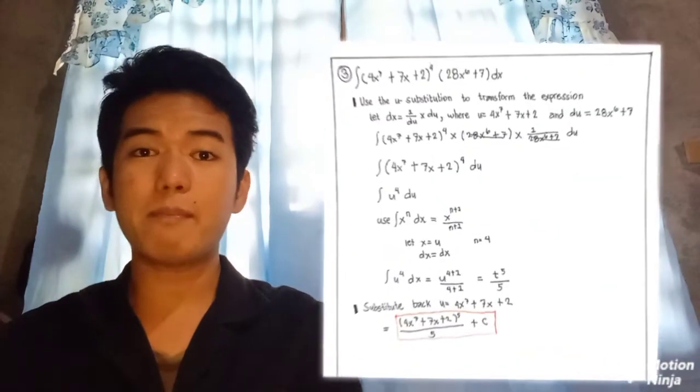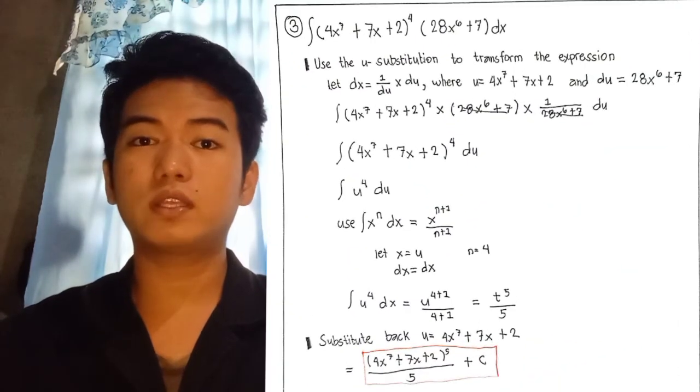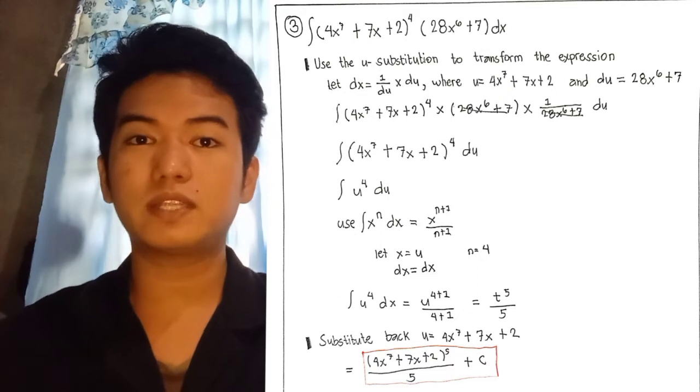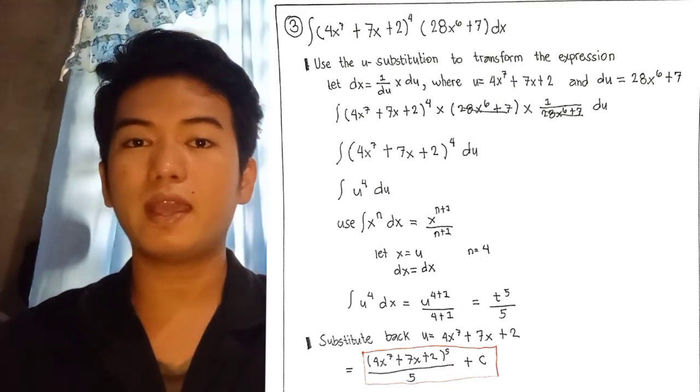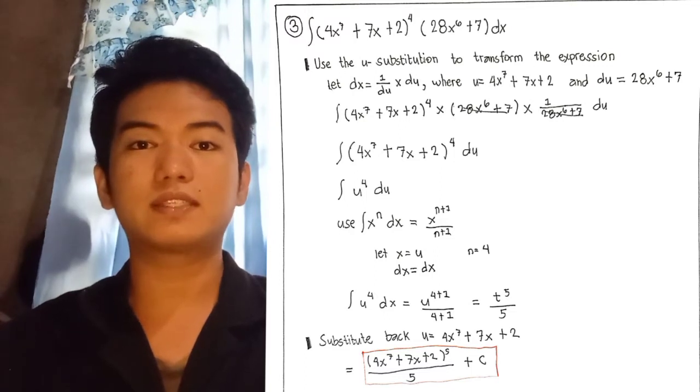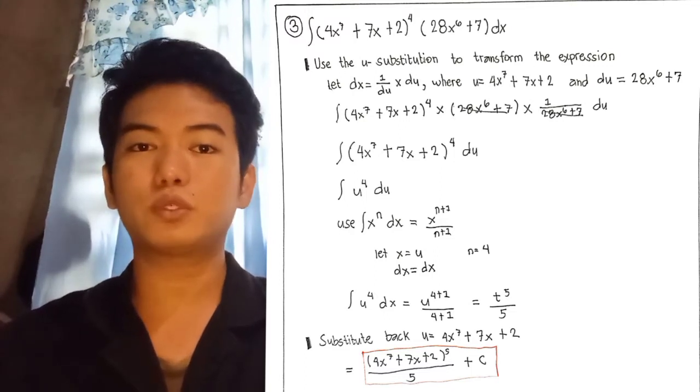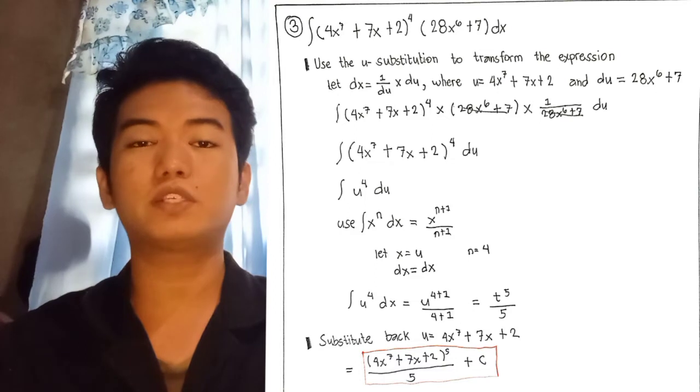In number 3, I am asked to evaluate the integral of quantity 4x to the 7 plus 7x plus 2 to the 4th times 28x to the 6 plus 7 dx. First, use the u substitution to transform the expression.